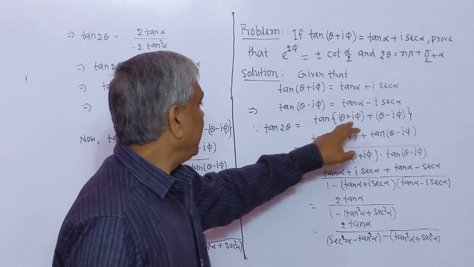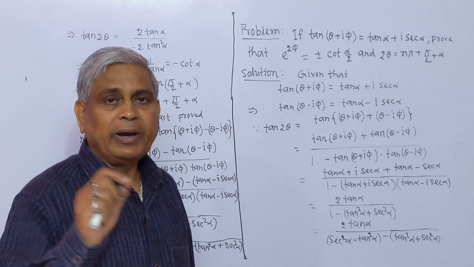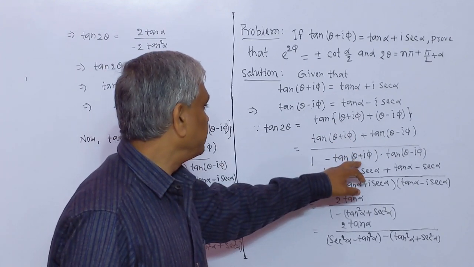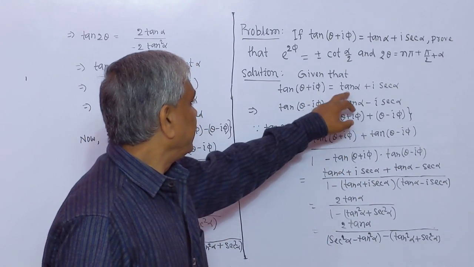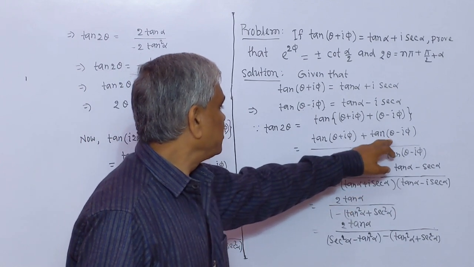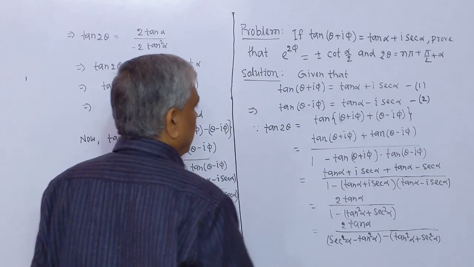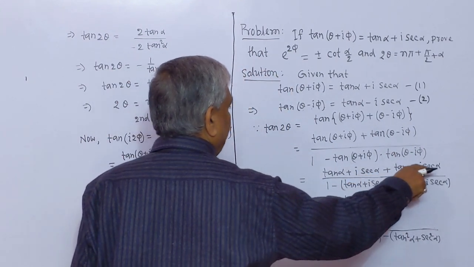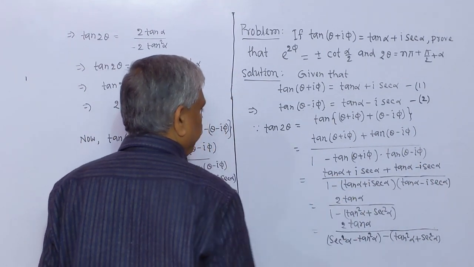The formula for tan(A + B) is (tan A + tan B) / (1 - tan A tan B), and we have used this formula. Here tan alpha + i sec alpha plus tan alpha - i sec alpha: the i sec alpha terms cancel, so only 2 tan alpha remains in the numerator.